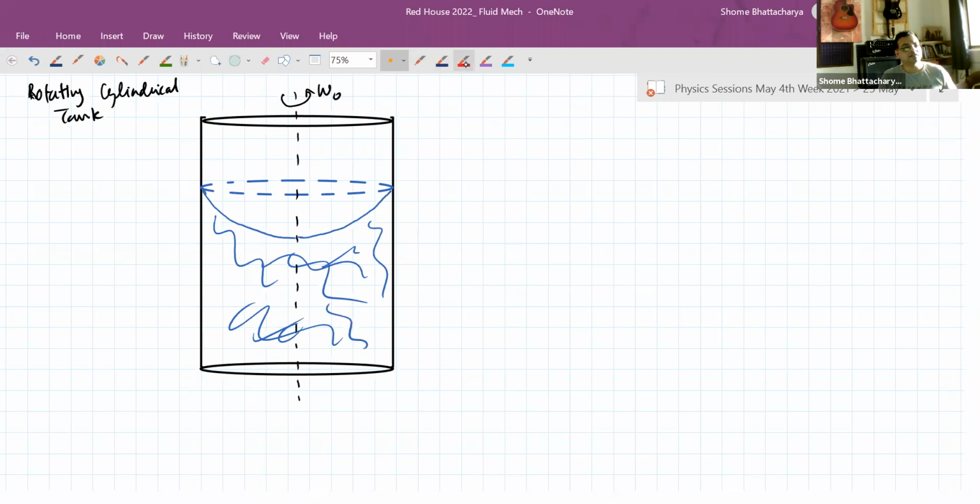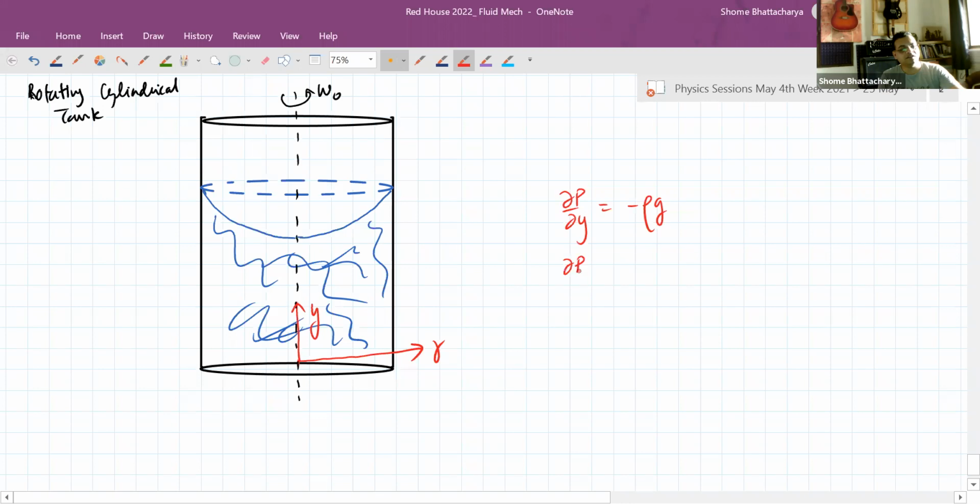So inside this tank, if you take this as your radial axis and this as your vertical axis, you will see that you have a vertical pressure gradient of minus rho g as usual because of gravity, but you have a radial pressure gradient of this much, a non-uniform value.